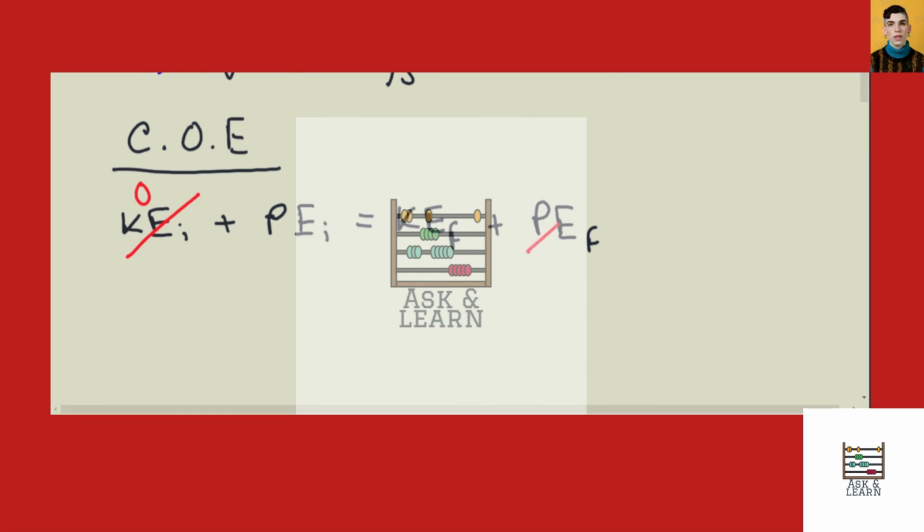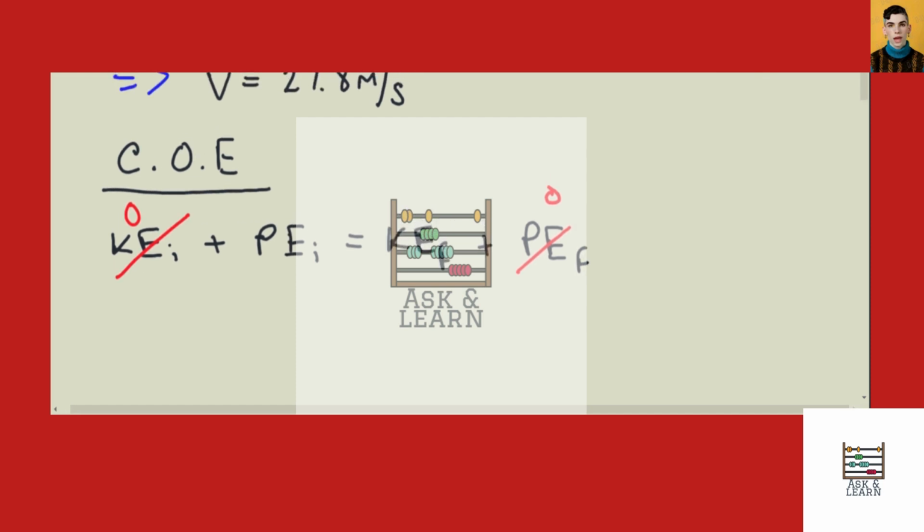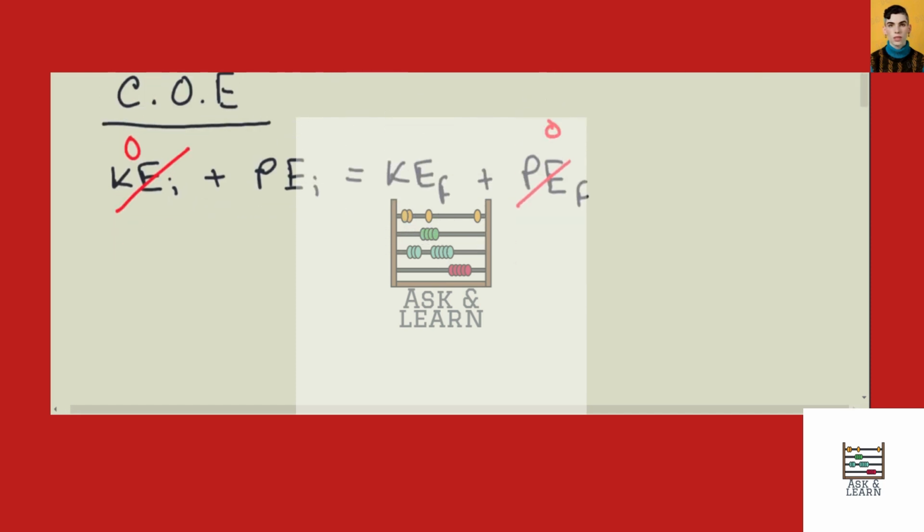So our potential energy final will be 0. So now we're left with potential energy initial, which is mass times gravity times height initial, is equal to final kinetic energy, which is 1/2 m velocity final squared.